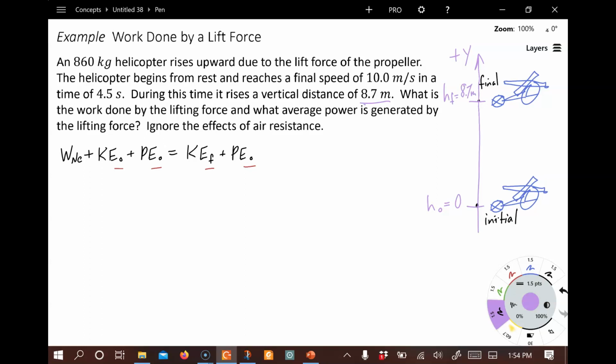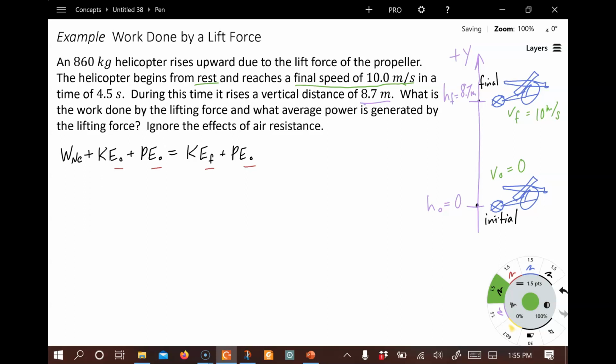And we also want to try to figure out, do we know anything about the speeds, right? So over here, what's the initial speed? Let's see, it starts from rest, right? So that's 0. And at the end, the final speed is 10 meters per second. So we know all the speeds, we know all the heights.